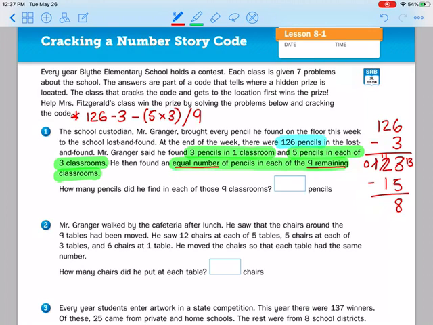And then 11 minus 1 is 10. Oh, sorry, this is supposed to be an 11. You get 118. So now I have 118 divided by 9.